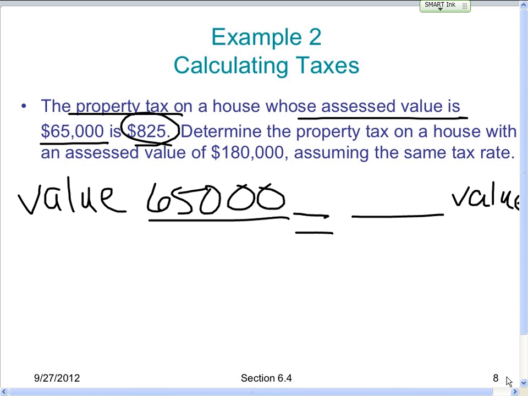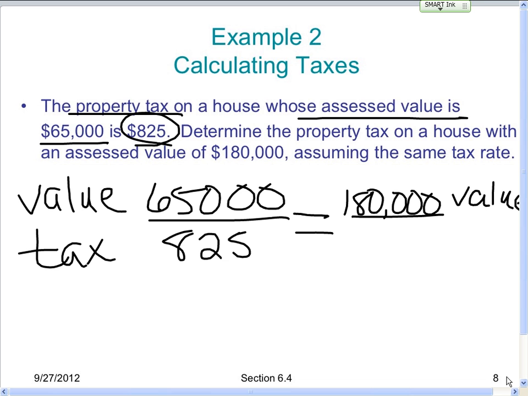You can't put it on the bottom. You've got to be careful where these numbers go. So the assessed value, if it's on the top on the left, has to be on the top on the right. The property tax, if you're going to put that in the bottom, then you have to put the property tax on the bottom. We don't know what the tax rate is for the $180,000 house.